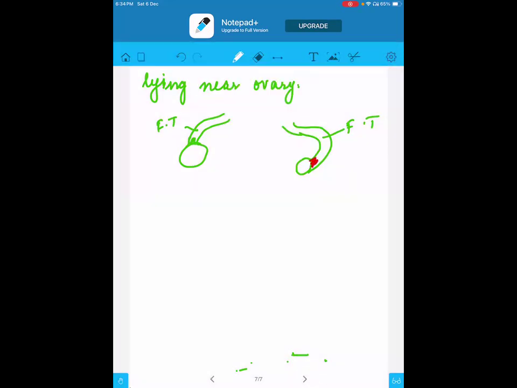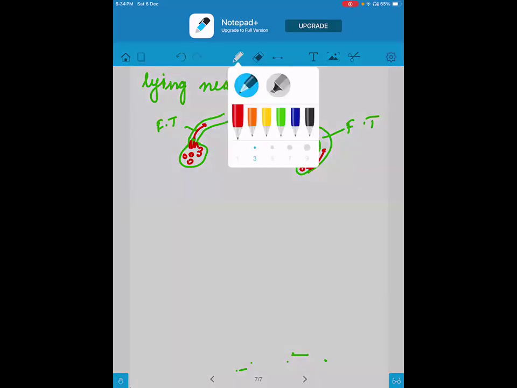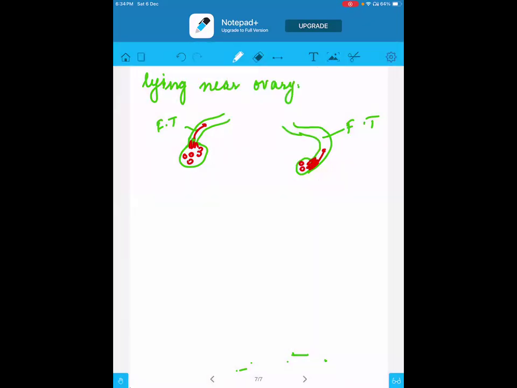Like this, at the end, they have many finger-like projections, which are called fimbriae. With the help of the fimbriae, it becomes easy for the eggs to move from the ovary to the next part of the fallopian tube. That is the main function of the fimbriae.